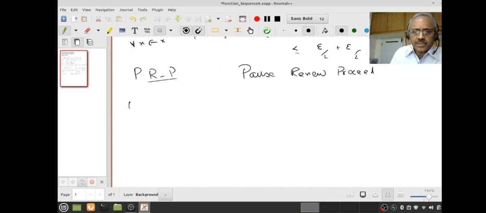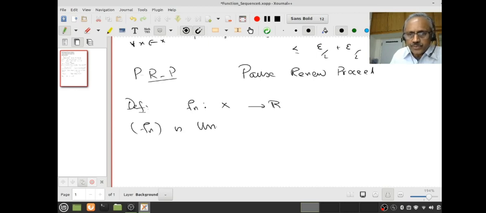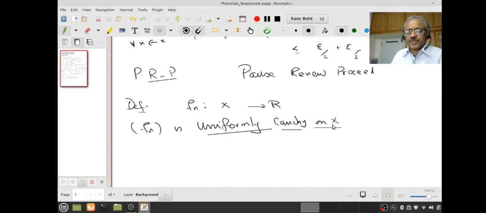So I'm sure now all of you know how to make a definition. I have a sequence f_n from X to R. X need not be a subset of R; it could be any non-empty set. Then I say f_n is uniformly Cauchy on X. Whenever you say uniform, the set should be specified.